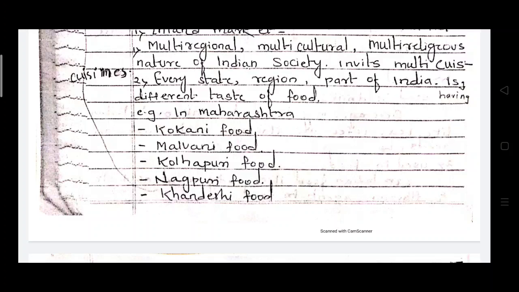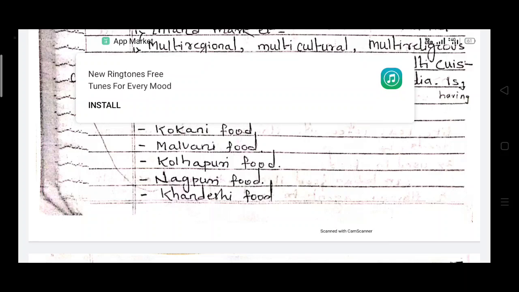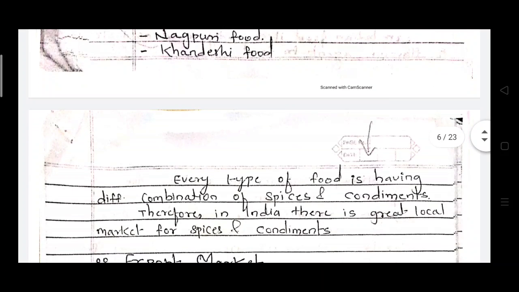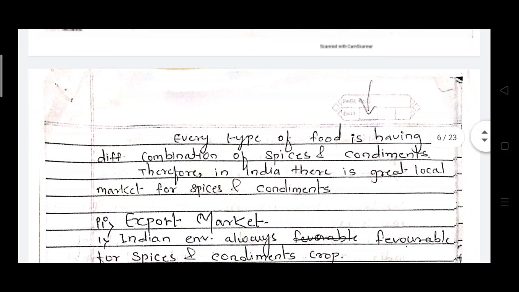So due to these food variations, different types of spices are prepared and can be used in different dishes. Regarding this, the inland market of spices and condiments is very huge, and there is a need for different projects for improving these inland markets.